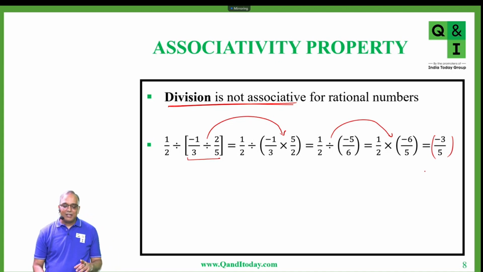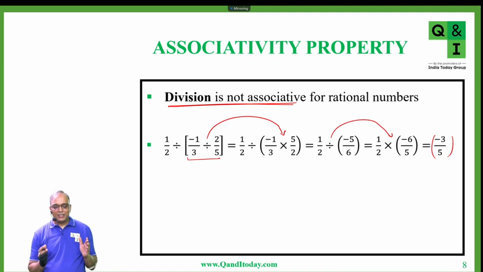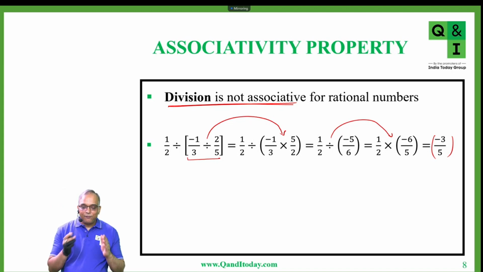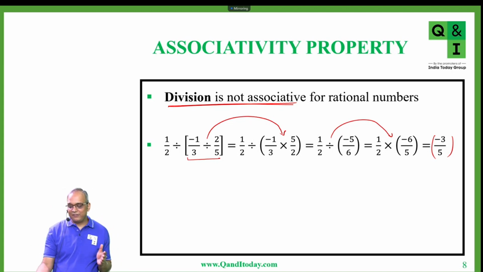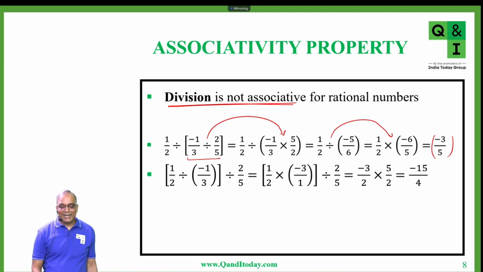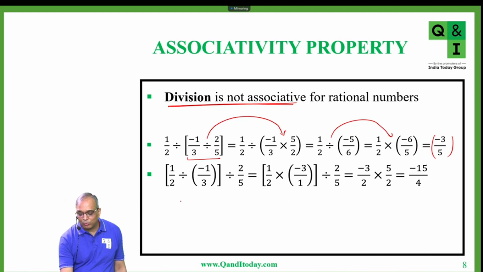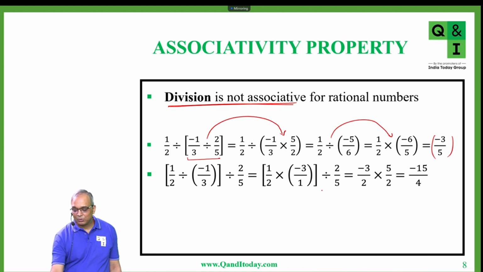Now let's do the division of first two numbers first and then do the division by the third number. In that case, when you divide 1/2 by -1/3, we will have -3/2. And now -3/2 divided by 2/5 will give you -3/2 into 5/2.